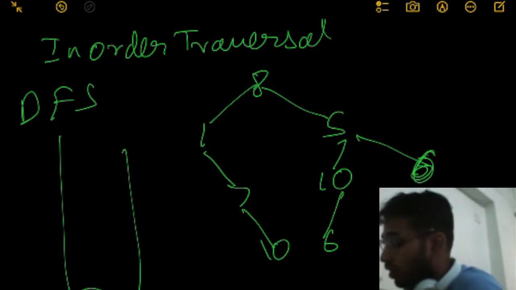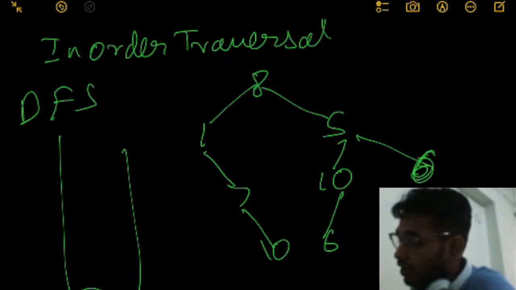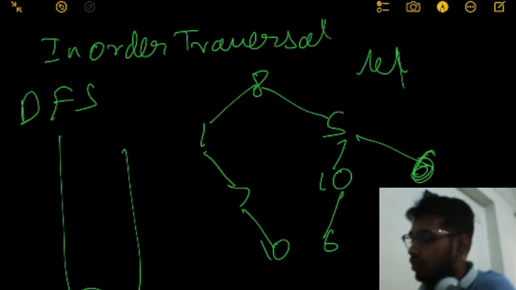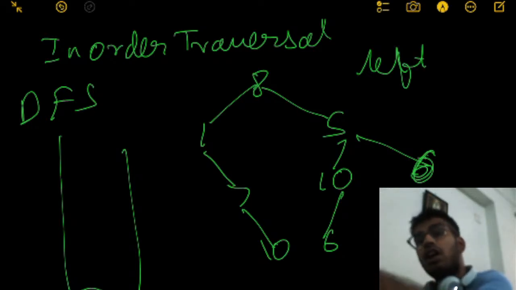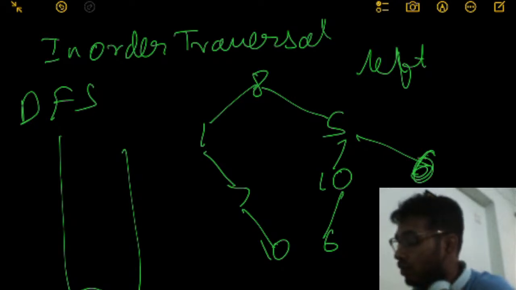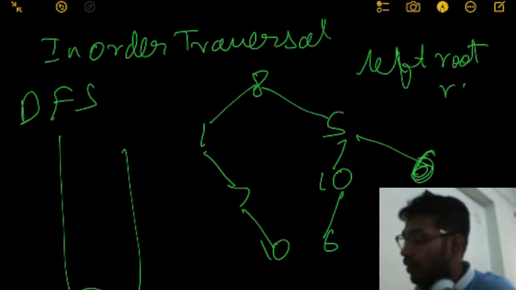For InOrder traversal, we're going to need the output in the form of left, root, and right.